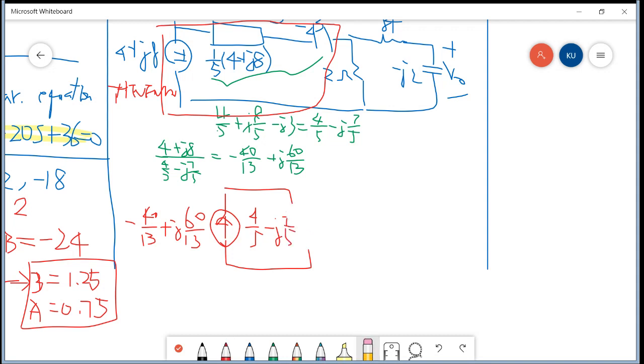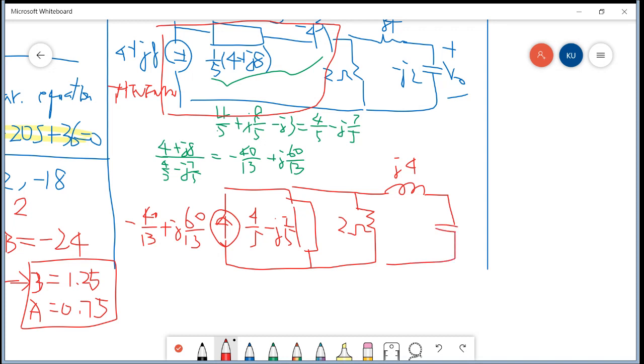This is an impedance, and then this is 2 ohm, and then this is J4, and this is minus J2, VO, something like this.